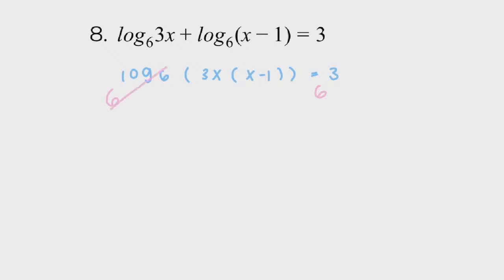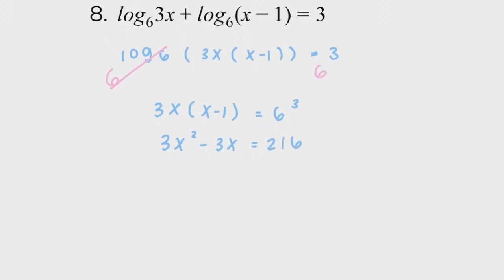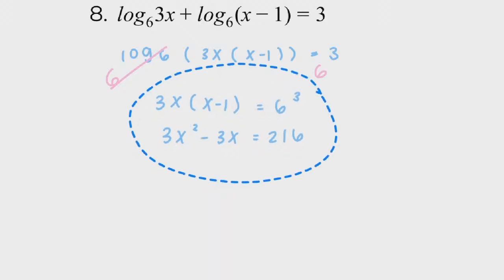Those will cancel out, so we have 3x times (x minus 1) equals 6 to the third. So that'll be 3x squared minus 3x equals 216. And we're going to get a quadratic, so we have to move them all to one side and solve.